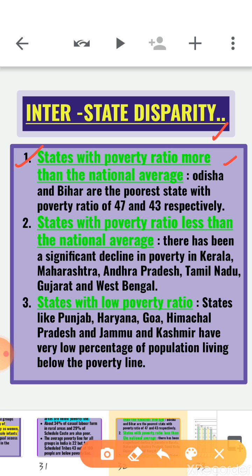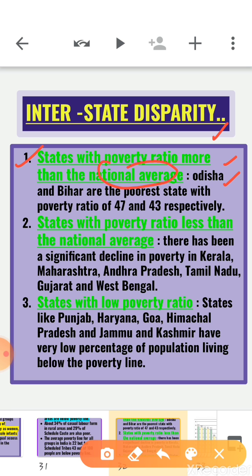In India, Odisha, Bihar, Assam, Tripura, and Uttar Pradesh are the most poverty-ridden states. The poverty ratio in these states is much higher than the national average.